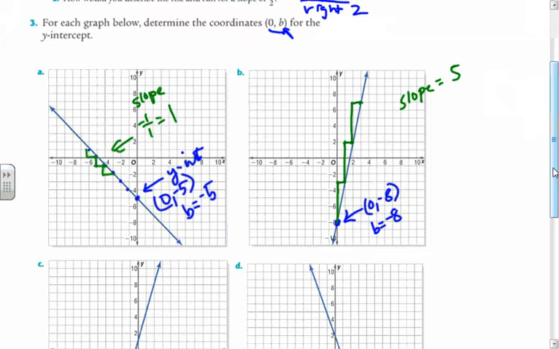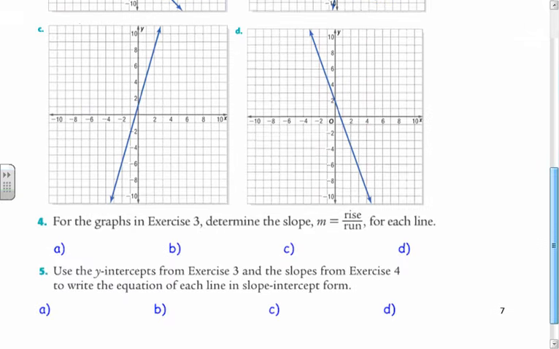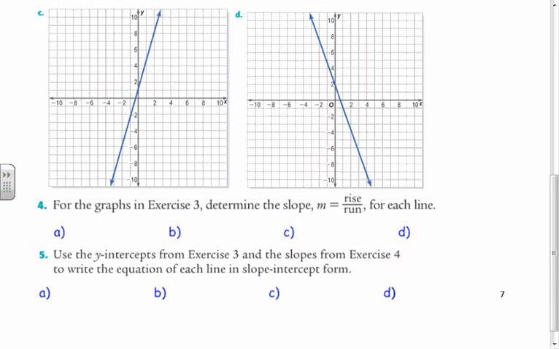Now here's how you write an equation once you know the slope and the y-intercept. I can fill these in. My slope for graph A was -1. My slope for graph B was 5. The way you write an equation is like this.